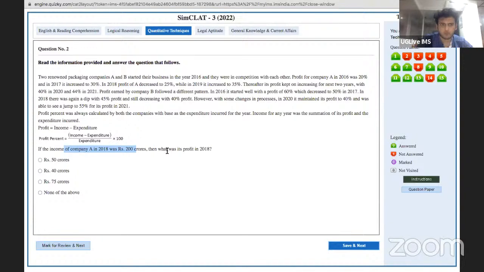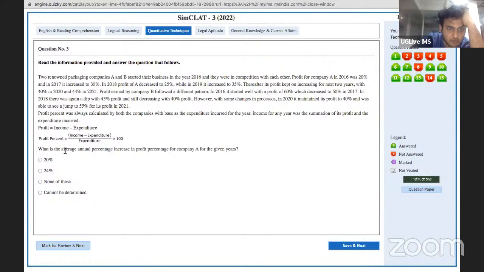Income minus expenditure, ठीक है, expenditure क्या हो गया? Income minus expenditure, मतलब कि profit by expenditure into 100. हाँ ठीक है, हो गया गड़बड़, ये तो नहीं हो रहा है भाई मेरे से.